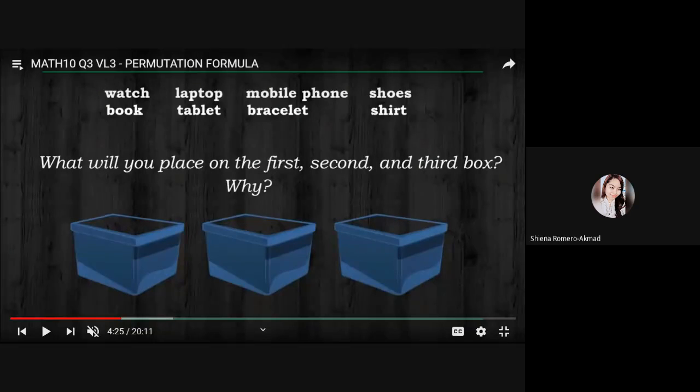If you were to choose, what would you put in the first box, the second, and the third? Laptop, phone, and shoes. Only one item per box. How about you?